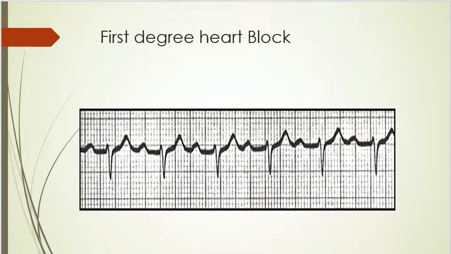What is going on is this is caused by a delay in the conduction of an electrical impulse between the atria and the bundle of His. This delay occurs when there's a partial interruption or a slowing in the conduction of the electrical impulse through the AV junctional area. Although they are eventually conducted to the ventricle, it's slowed. But really, first degree AV block is not a true block.